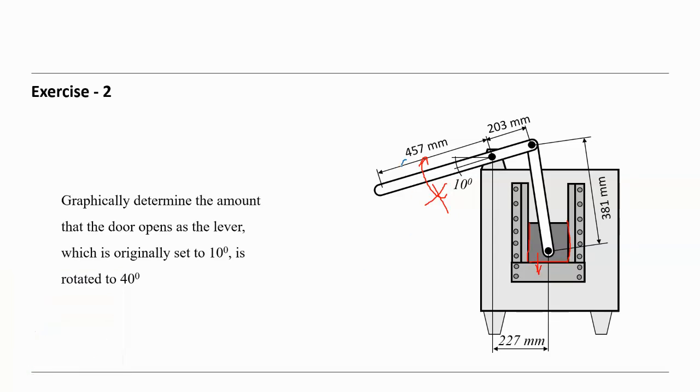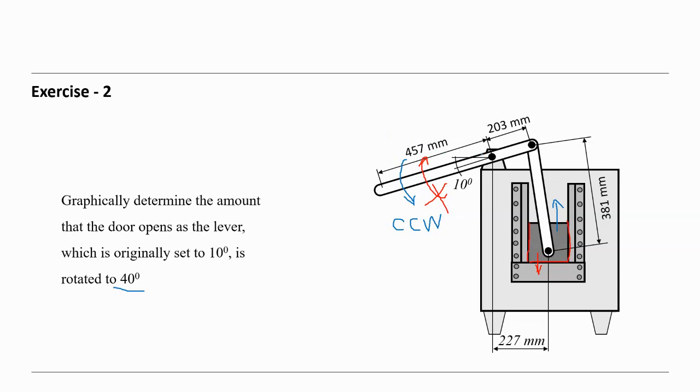So if we turn the member here counterclockwise, then it moves in that direction. This is correct, it is free to move. So then it has to be turned. How much? You see here 40 degrees.